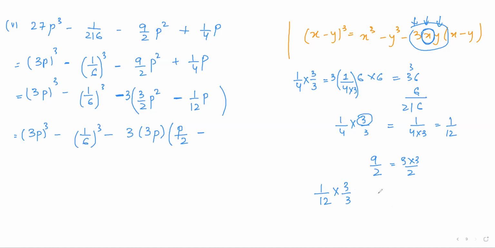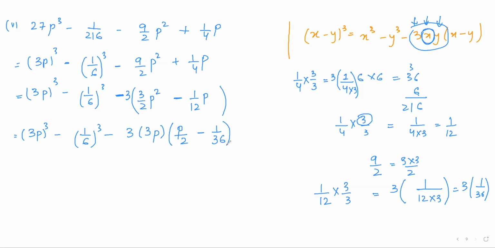So if you take a 3 common, what will remain here? 12 into 3, which is 36, right? So if I take a 3 outside, 1 upon 36 will remain here. Is this understood by everyone?